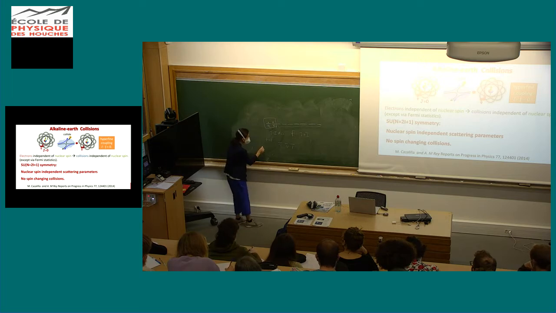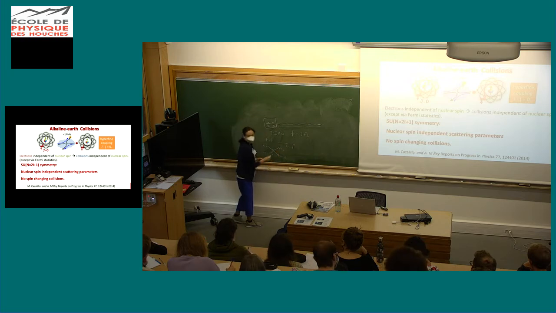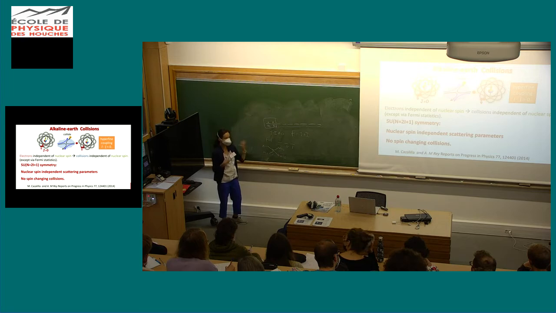That means if you have one particle with m equal to 1 that collides with a particle with m equal to -1, then you can scatter to 2 particles with m equal to 0 and m equal to 0.